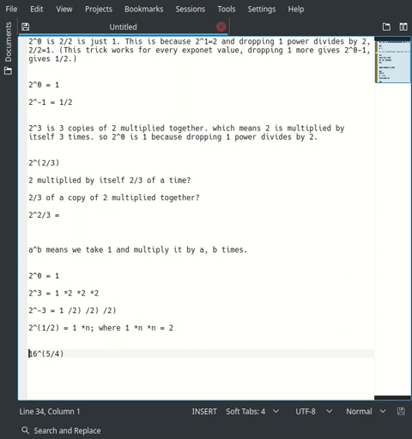So say we've got this, right? What does that mean? That means we have 1 times something.